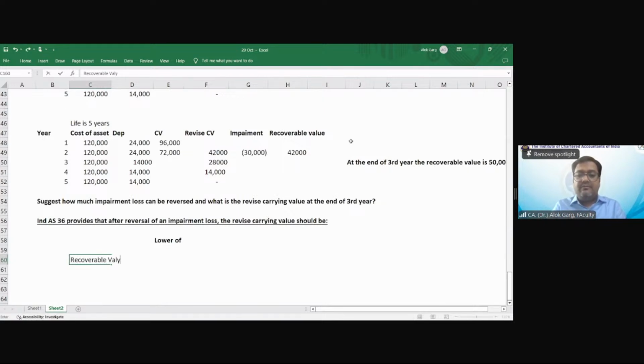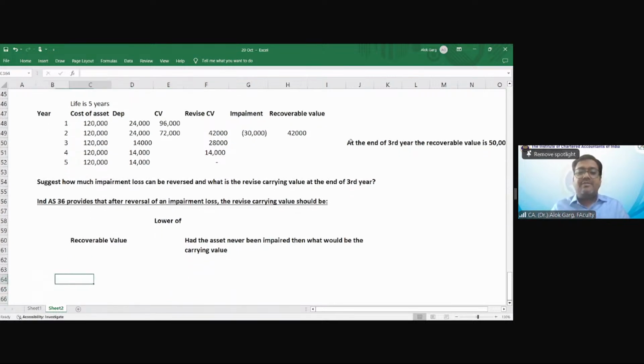recoverable value, number one, and had the asset never been impaired, अगर asset कभी जिंदगी में impair होता ही नहीं, then what would be the carrying value?